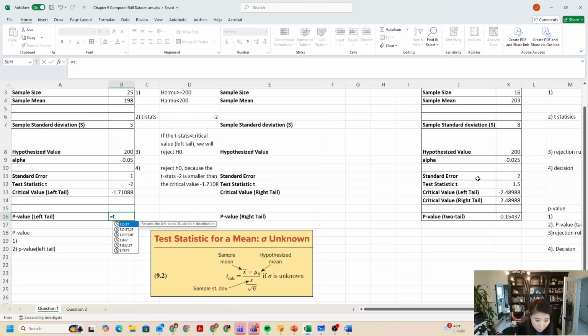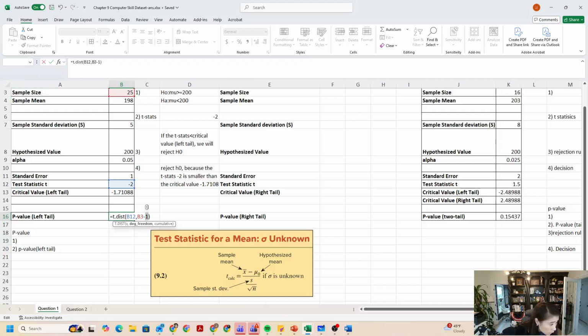we use T.DIST, parentheses, select the t-stat you already calculated, and a comma, then the degrees of freedom, which is the sample size minus 1, then close the parentheses and push enter.